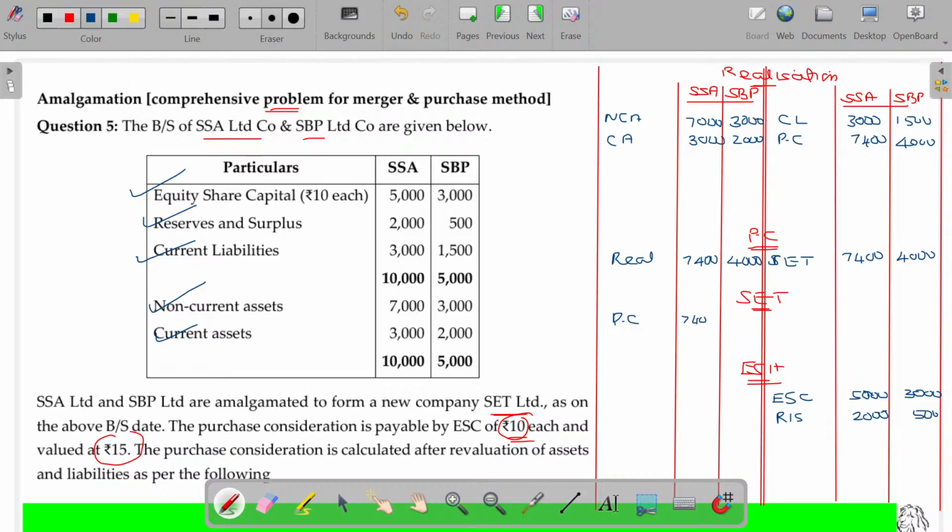If any fractional share is there, for that usually cash settlement is made. So this will be payable by way of equity share capital of set, securities premium of set. For fraction, cash payment is made. Clear?